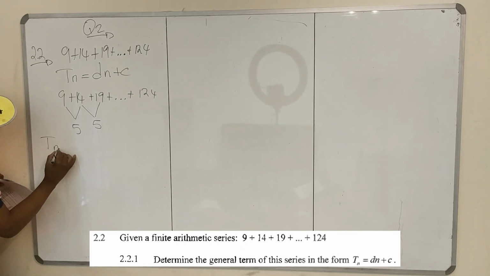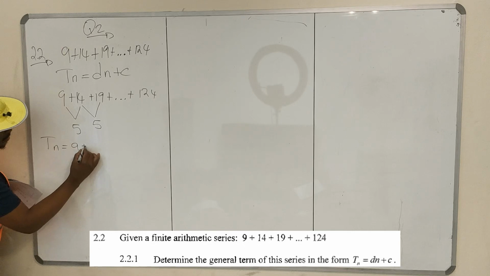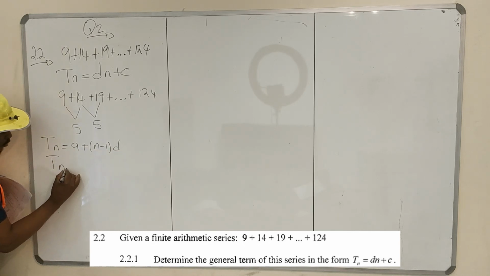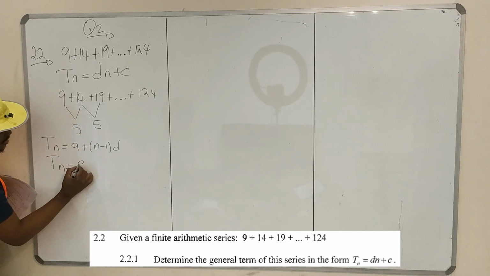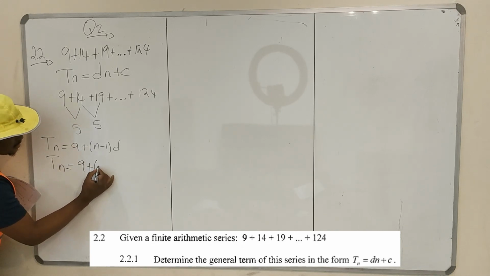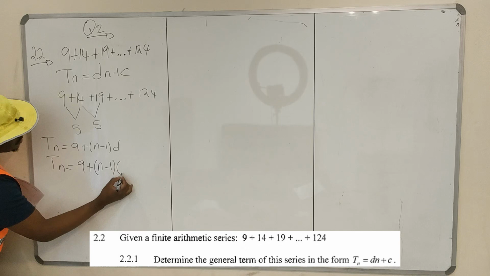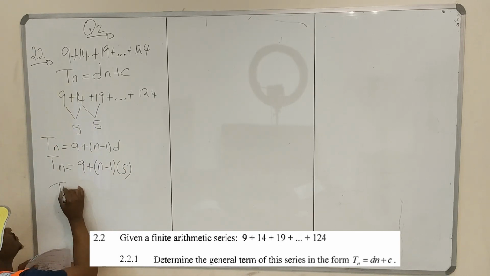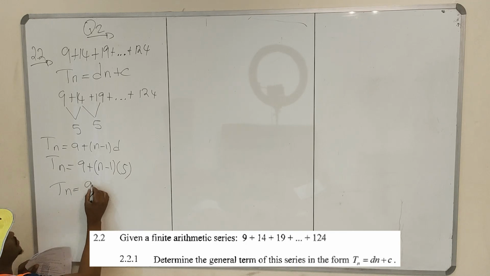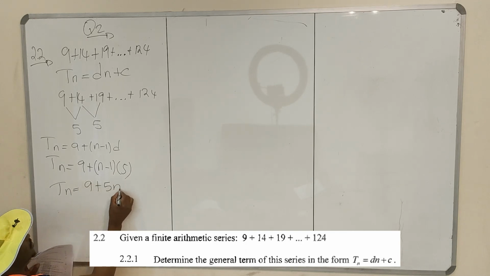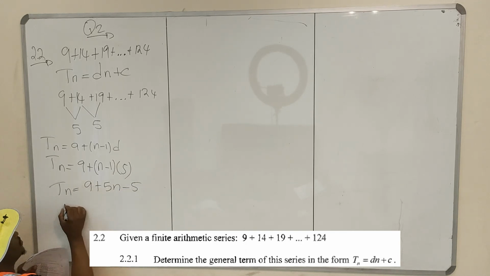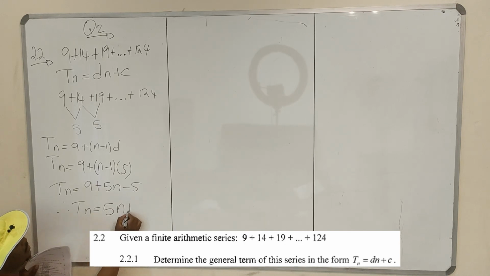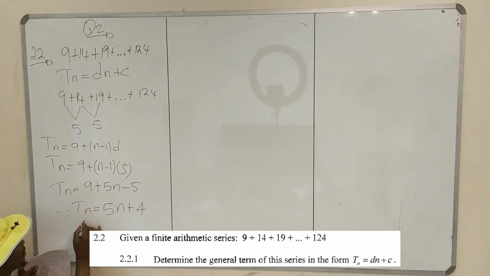So Tn is equal to a plus n minus 1 times d. So Tn is equal to a, which is your first term, 9, plus n minus 1 times d, which is 5. Are you happy? So what we have, Tn is equal to 9 plus 5n minus 5. Therefore, Tn is equal to 5n plus 4.